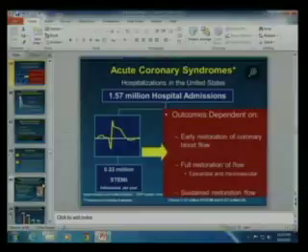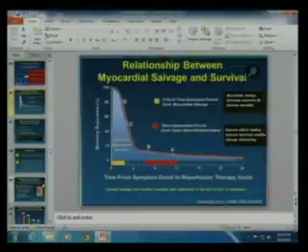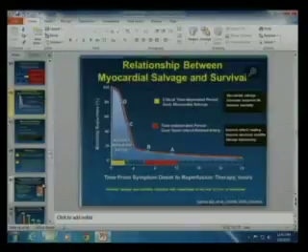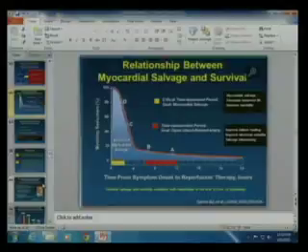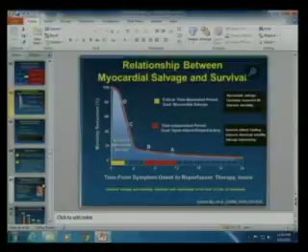So why do we open the artery? This is a very important slide. Time is of the essence and time is muscle. So this is a mortality reduction and myocardial salvage. The first hour and a half is the critical time for these arteries. If we open it up, we can salvage a lot of myocardium.